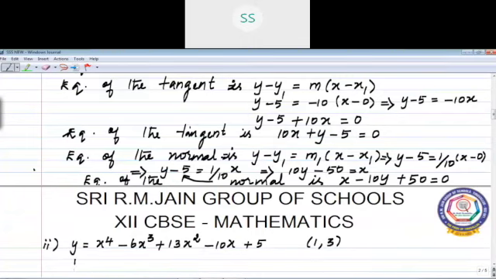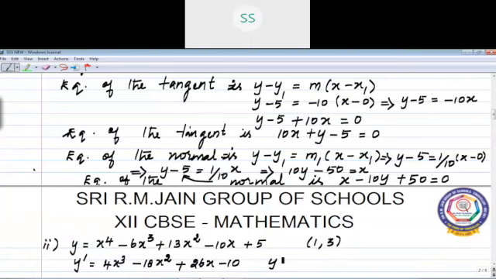Your derivative, that is y dash, or you can write dy by dx, is 4x cube minus 18x square plus 26x minus 10, right? Then you are going to substitute x as 1.